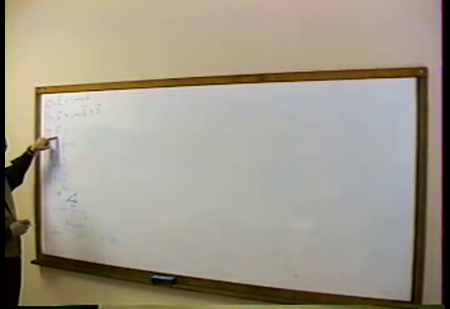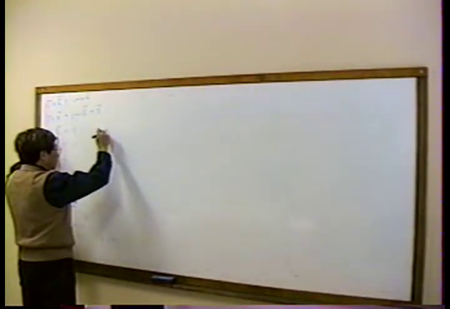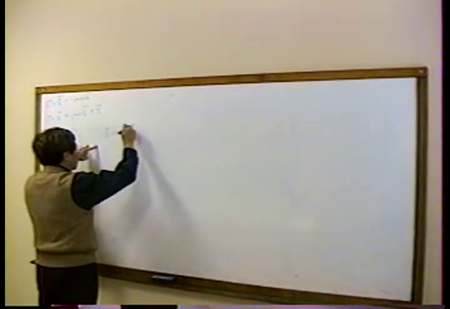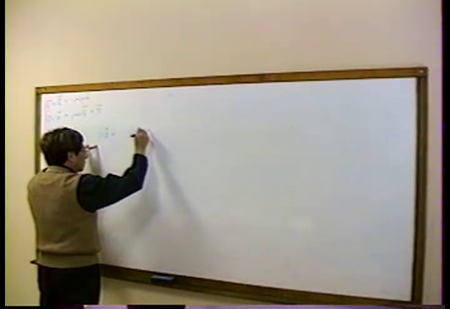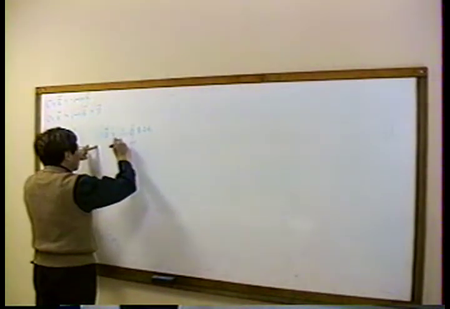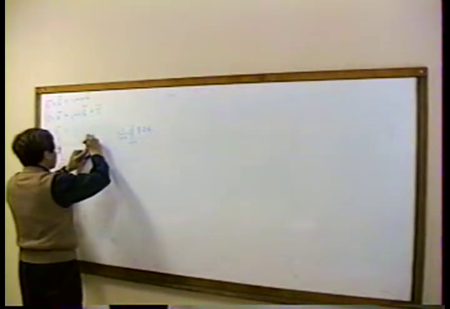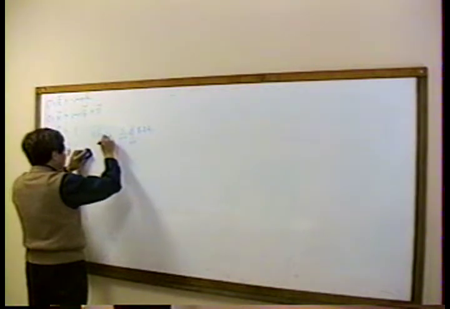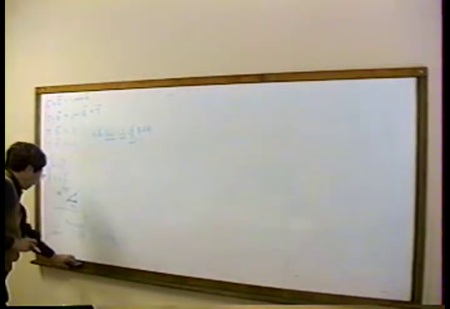Del dot D equal to rho. First, I define in this fashion what is meant by del dot D. Now we looked at that.